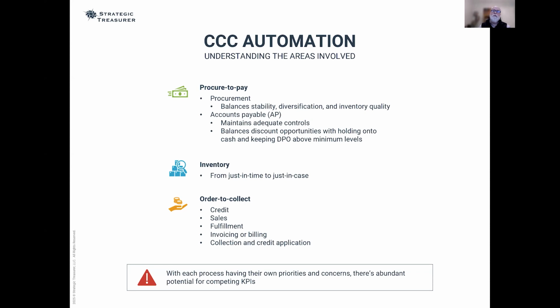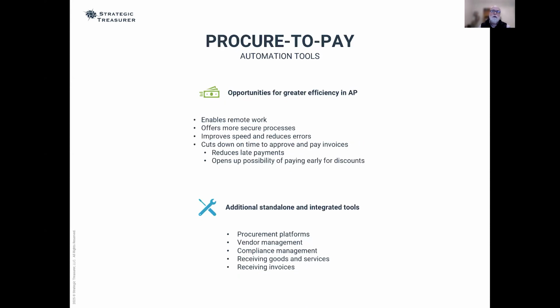So I want to dive into procure to pay on the next slide, maybe just a little deeper in terms of some of the opportunities to generate efficiency with accounts payable. And we have a list here of what some of those items are.